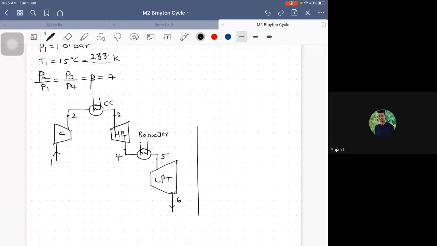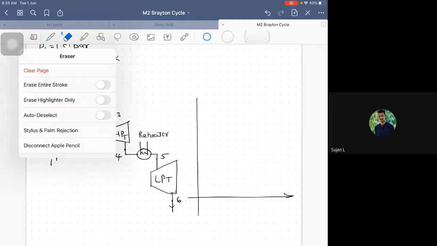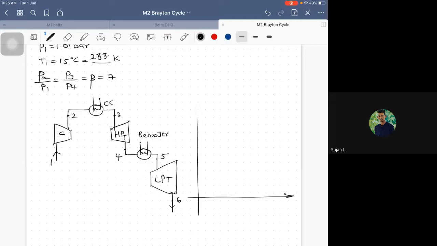So how many stages of compression here? One, isn't it? So there is only one stage of compression.